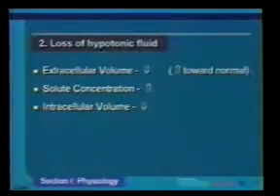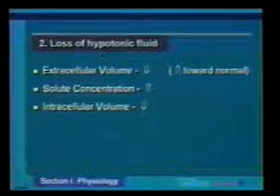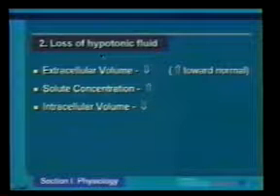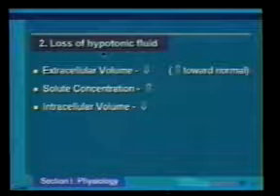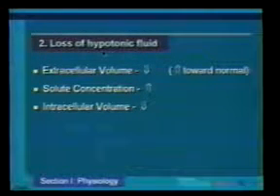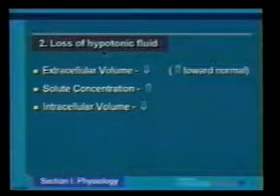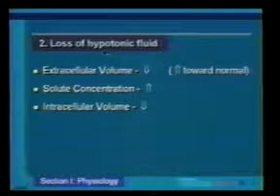Now, the second example is a very typical situation to test on Step 1. They like to test, in many cases, your understanding of the loss of hypotonic fluid. A very common example is somebody who loses a lot of fluid because of sweating. They may talk about a person wandering around in the Arizona desert with very little water available, or they can talk about the consequences of exercise.